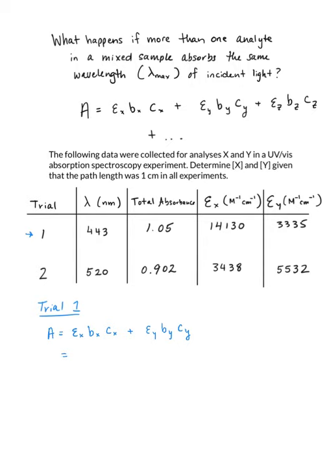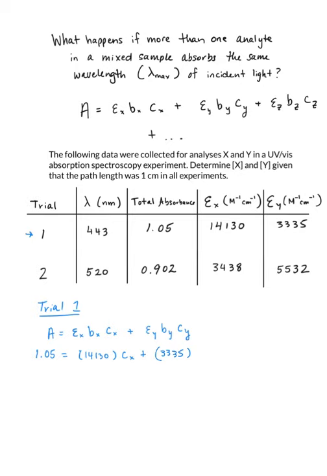And from the data shown in the table, our total absorbance is 1.05 in trial 1. Our molar absorptivity for X is 14,130. Our path length is 1, so I'll omit b, and we don't know our concentration of X. Our molar absorptivity of Y is 3335.